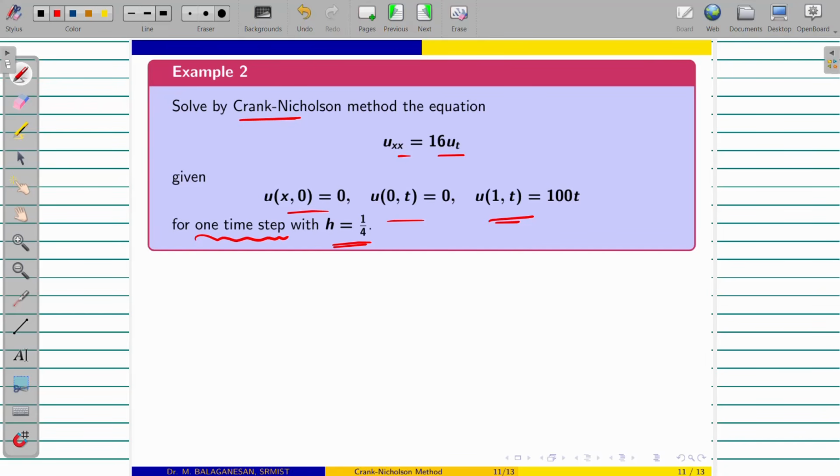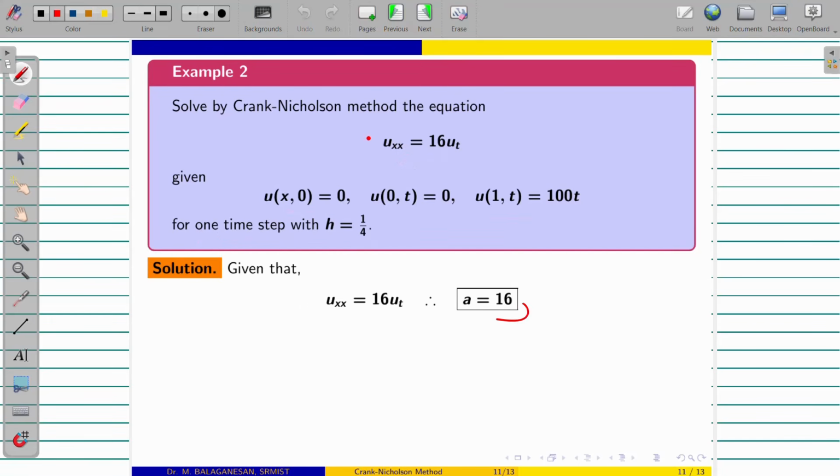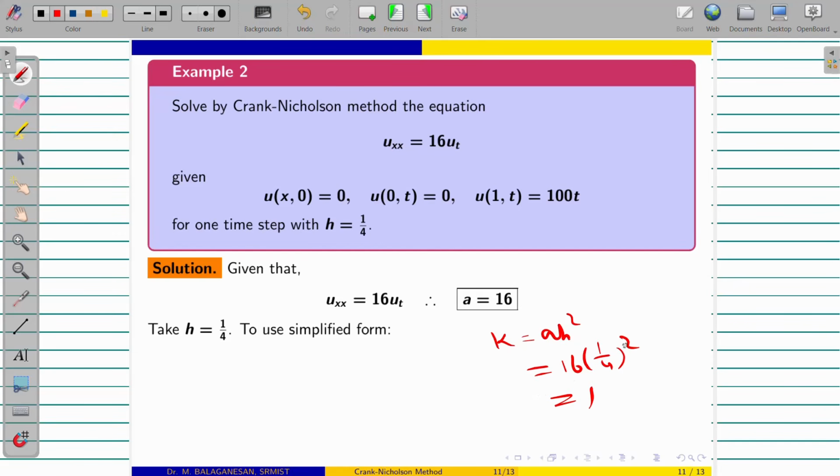Not up to t equal to 1. Clear? Right. So take the problem, identify a from that, a equal to 16, then h equal to 1 by 4 they have given, then k equal to a h square, is equivalent to 16 into 1 by 4 whole square, it will be 1, k value 1.